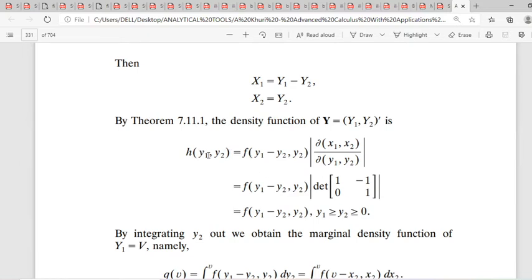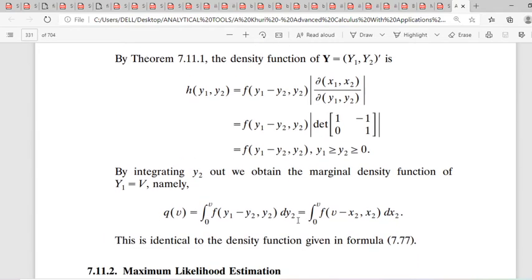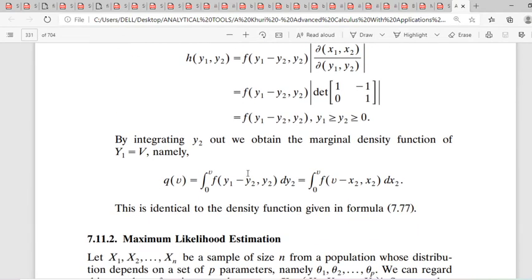So h of y1 y2 will be f of y1 minus y2, because x1 is y1 minus y2 and x2 is y2. We have written the x variables in terms of y. So this is equal to f of y1 minus y2 into this determinant, which is actually 1, so we just need to consider this only. The objective is to find the distribution, or density, of v.